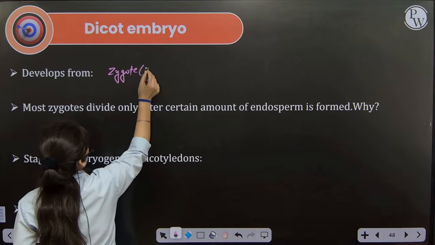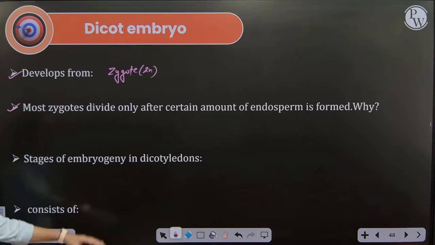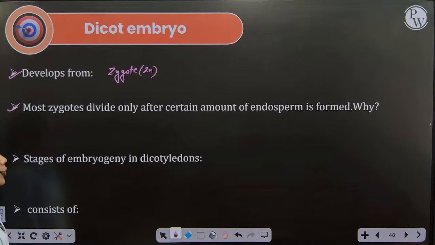Zygote is 2n. Most zygotes divide only after a certain amount of endosperm is formed. Why is it so?